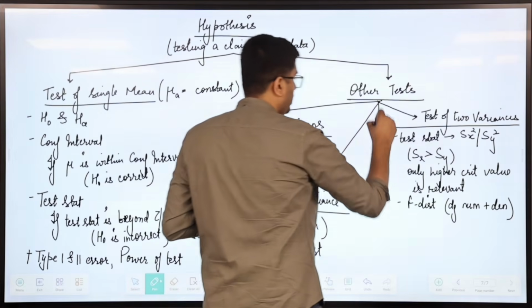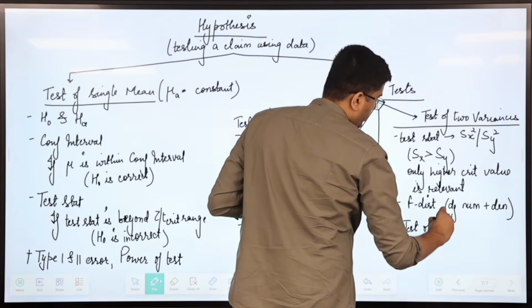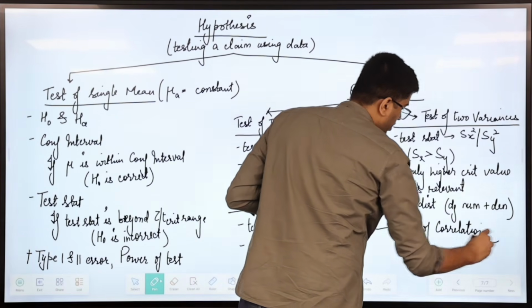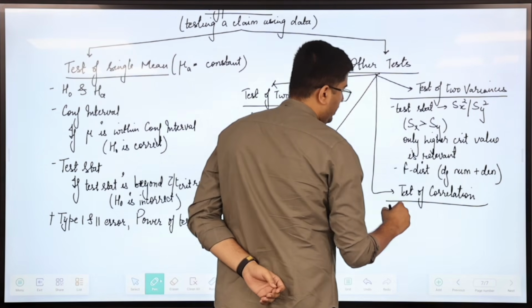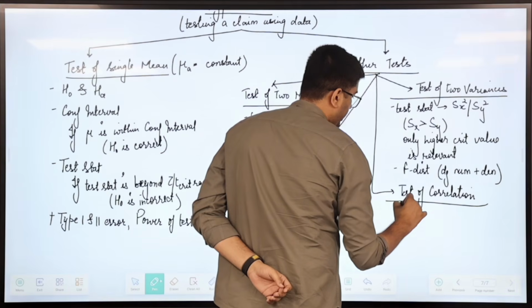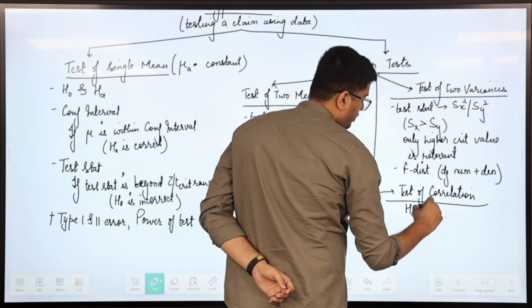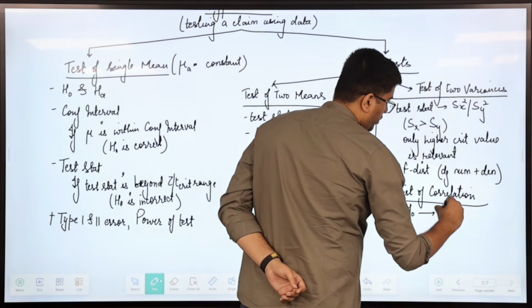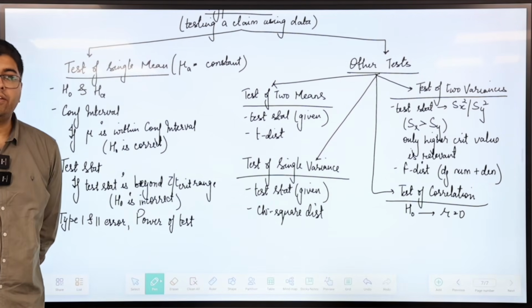Apart from this, lastly, we had test of correlation. So for test of correlation, firstly, the null statement is structured as correlation equals to 0, statistical insignificance.